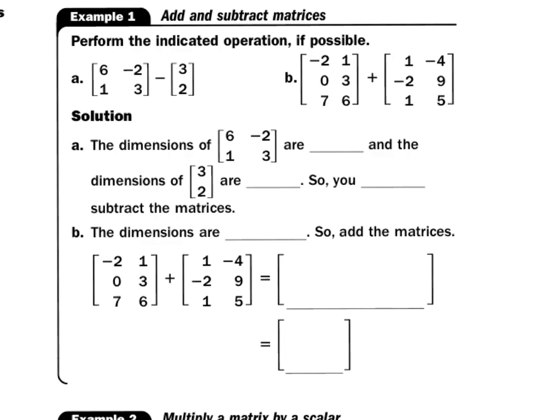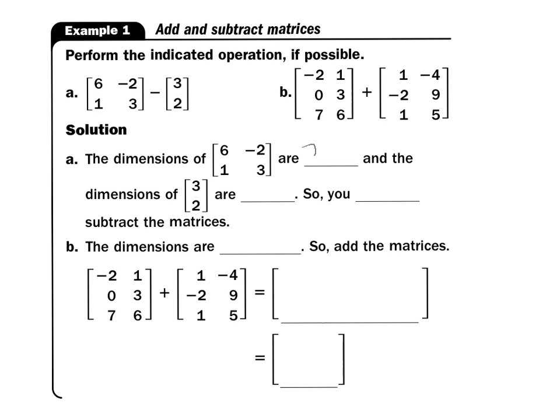Okay, example 1. Perform the indicated operation if possible. So let's look at A. The first dimensions are 2 rows by 2 columns. So it's a 2 by 2. And the dimension of the second matrix is 2 by 1.